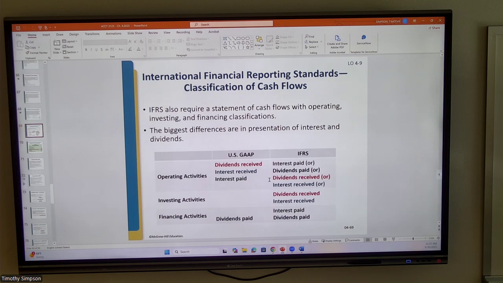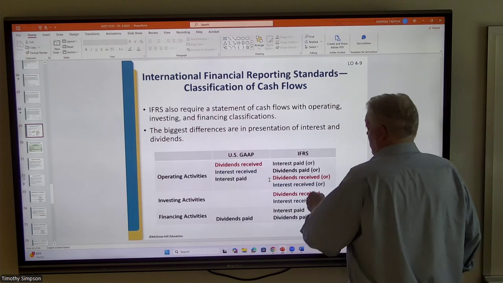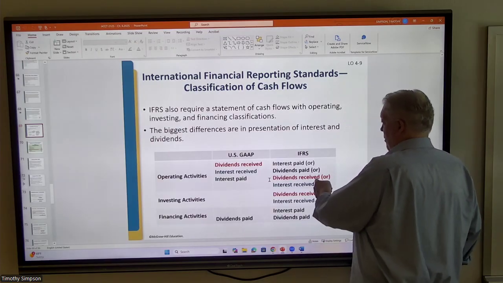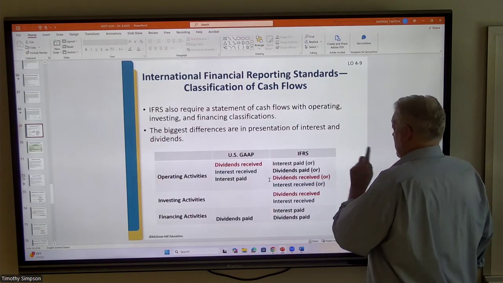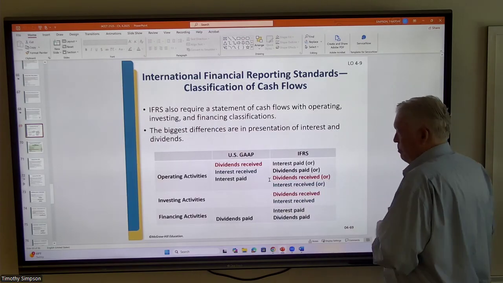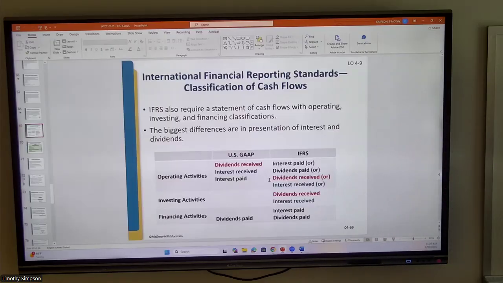But some of the differences here in the international standards versus GAAP, and they're not really big, I don't think. We put dividends received under operating activities in the international standards. They also put dividends received there, or there's the option of putting it under investing activities. And my own personal opinion, I kind of like this element better. I find myself drawn more to the international standards.